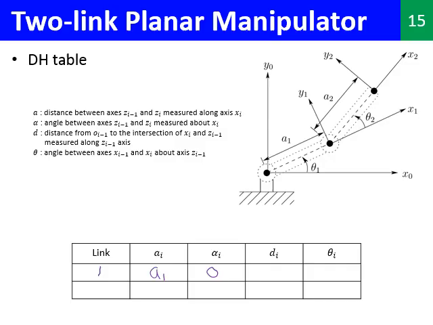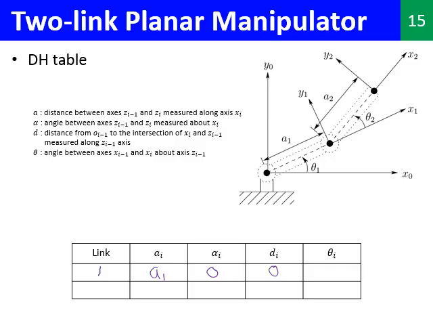Next we have D1. From the definition, we have the distance from O0, so O0 is here, this point, to the intersection of X1 and Z0. X1 is this, and Z0 comes out of this slide. So the intersection would be the same point, right? Therefore the distance between those 2 points is again 0. Next it would be theta 1.